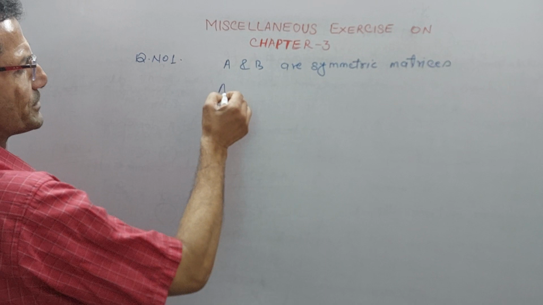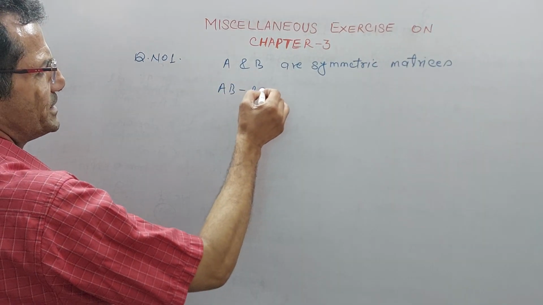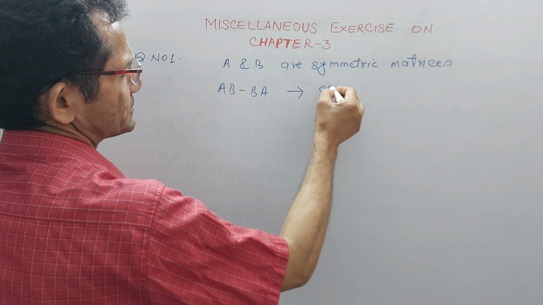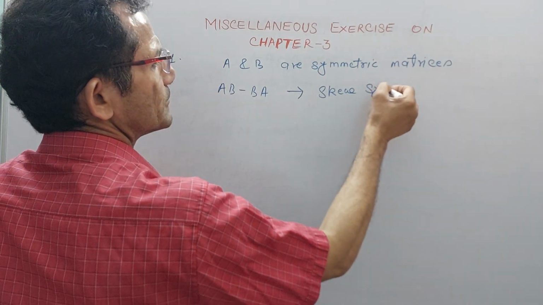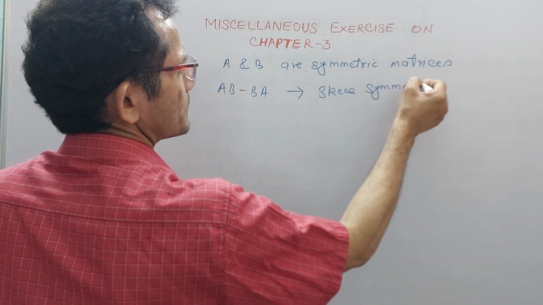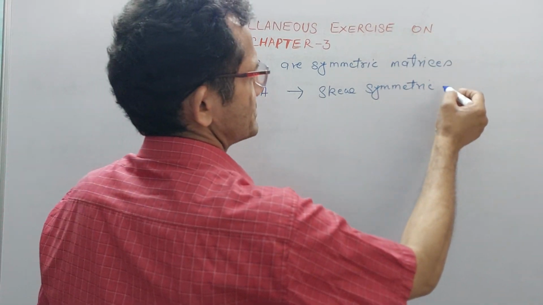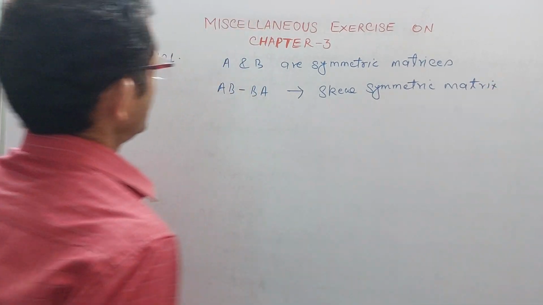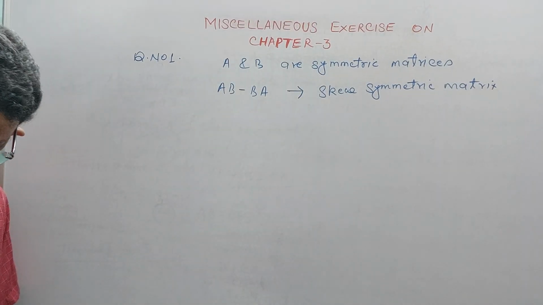Let us do it. We have to prove AB minus BA should be a skew symmetric matrix. So let us do this question mathematically.